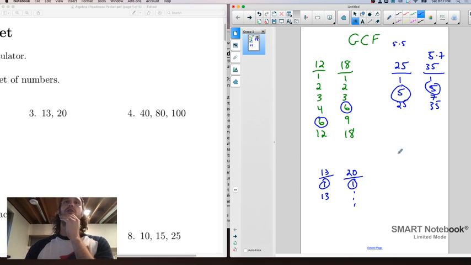So let's go down to the next smallest factor of 40. Instead of starting at 1, let's start at 40 and work backwards. The next smallest factor of 40 is 20. We can divide 40 by 20, we can divide 80 by 20, and we can divide 100 by 20. So 20 is our GCF for number 4.